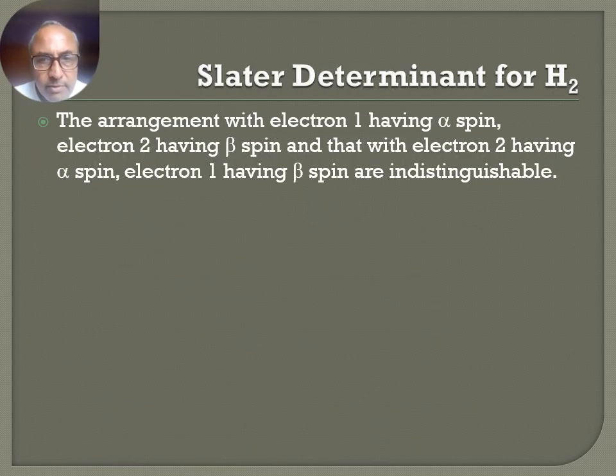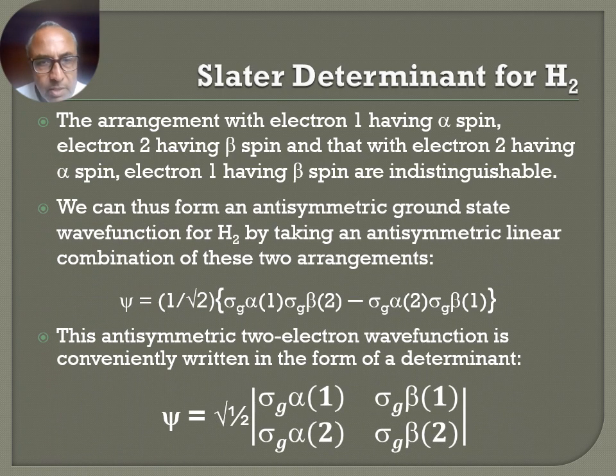As we have seen, the arrangement with electron 1 having alpha spin and electron 2 having beta spin, and that with electron 2 having alpha spin and electron 1 having beta spin are indistinguishable, and we have to form the antisymmetric ground state wave function for H2 by taking the antisymmetric linear combination of these two arrangements, that is psi equal to 1 upon square root of 2 times [sigma g alpha 1 sigma g beta 2 minus sigma g alpha 2 sigma g beta 1].